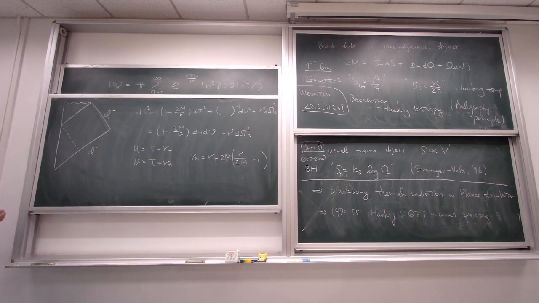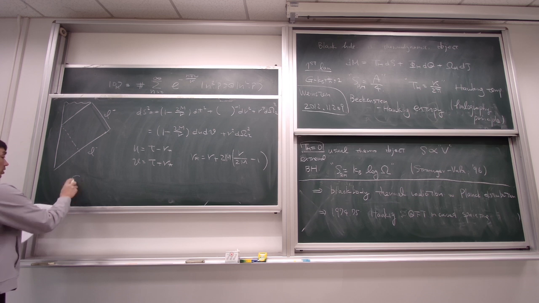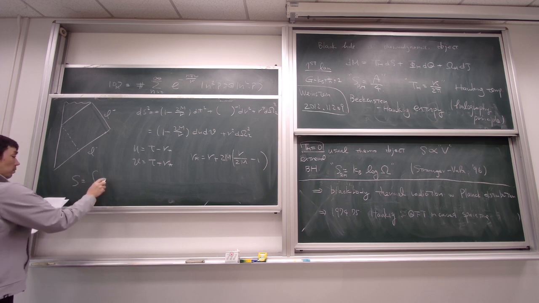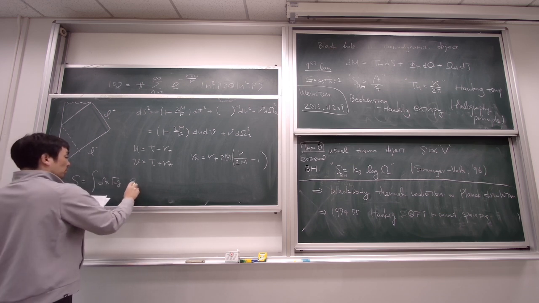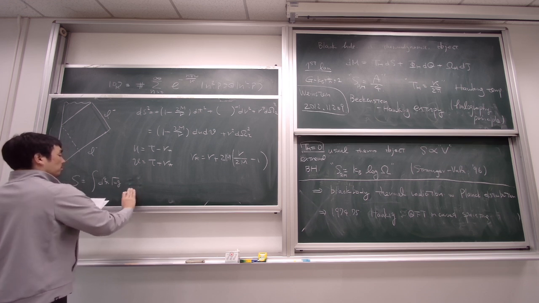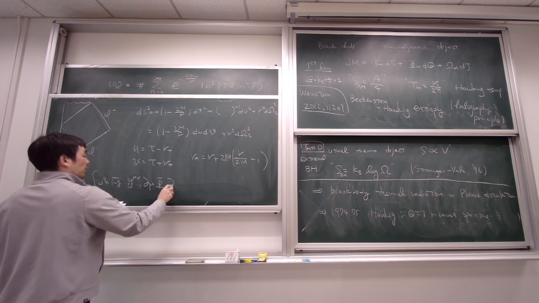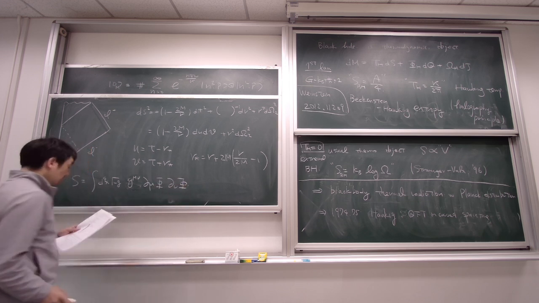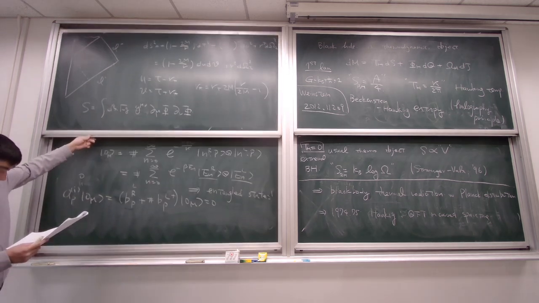Now we again apply the QFT in curved space-time technique to solve it. We consider only the scalar action, the integral of d4x square root of minus g, g mu nu partial mu phi partial nu phi, and solve the Klein-Gordon equation.